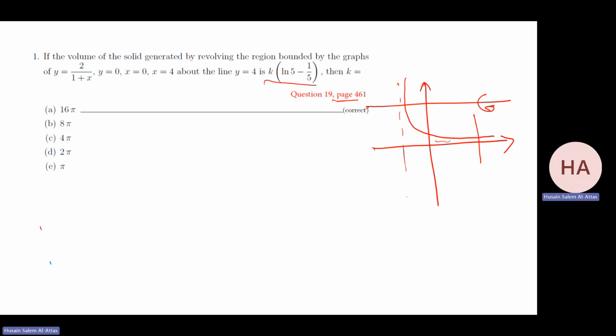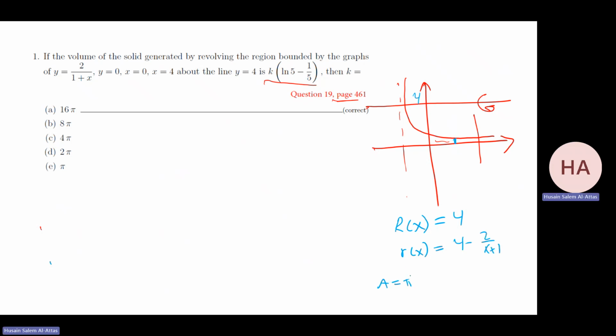This is my strip or my line. So I have r of x, the bigger one, this is 4. It will be 4 minus 0, which is 4. Small, and it will be what? 4 minus the function. 4 minus 2 over x plus 1.